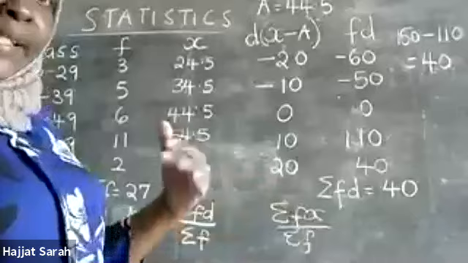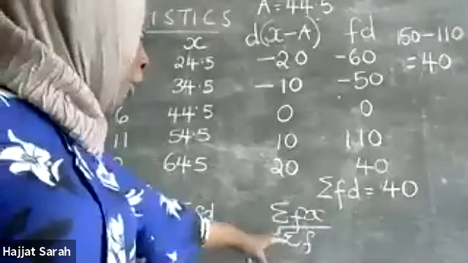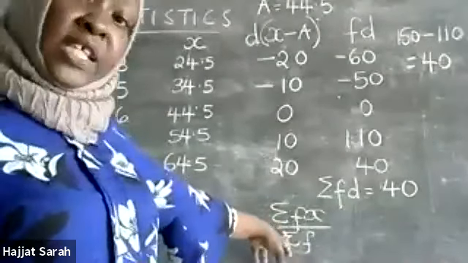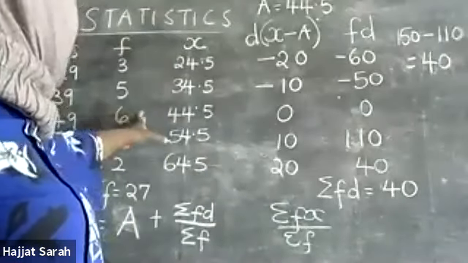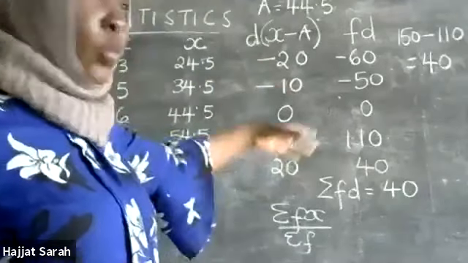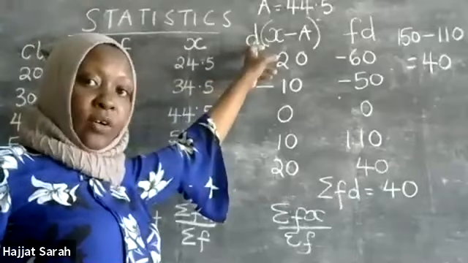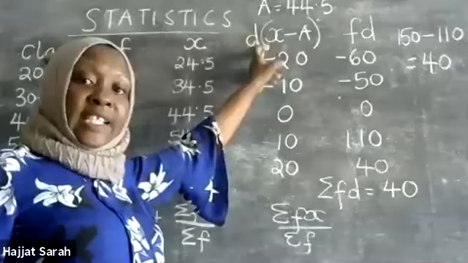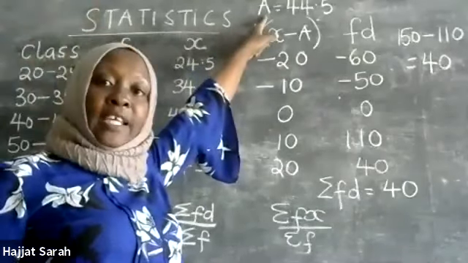So when they tell us to use a working mean, that means I am not going to use this first formula. After writing your class and frequency and your class mark, instead of writing fx, we create a new column, which we are calling D. This D is going to be our class mark minus the working mean they give us.